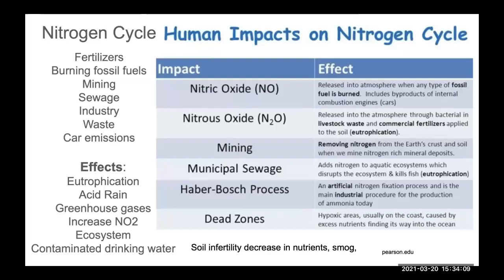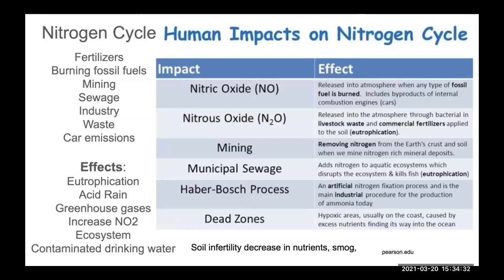The removal of useful nitrogen is happening, as well as eutrophication. So what is happening is we're seeing an increase in eutrophication, acid rain, greenhouse gases, nitrous and nitric oxide, imbalances in our ecosystems, and contaminated drinking water.